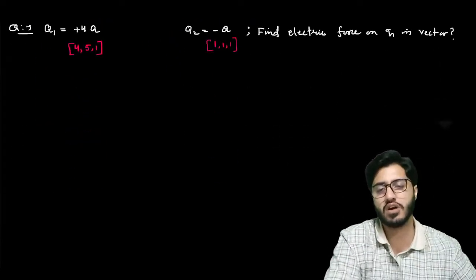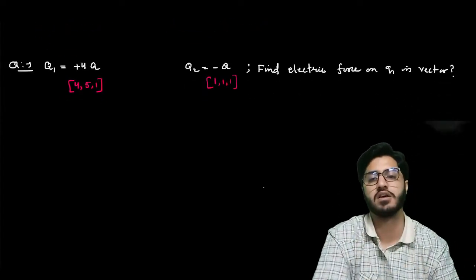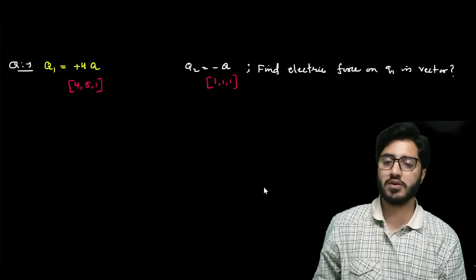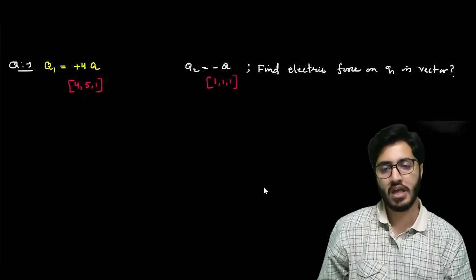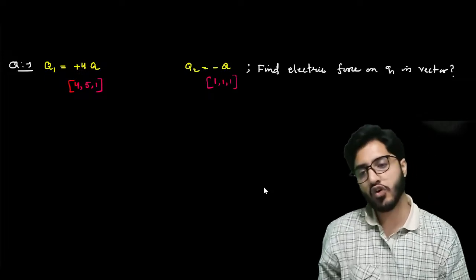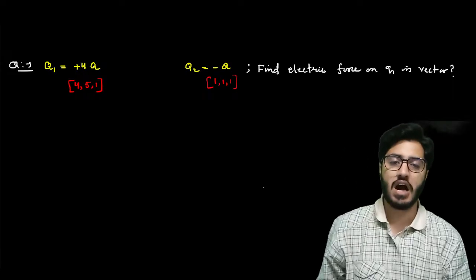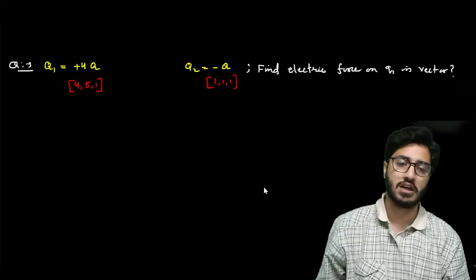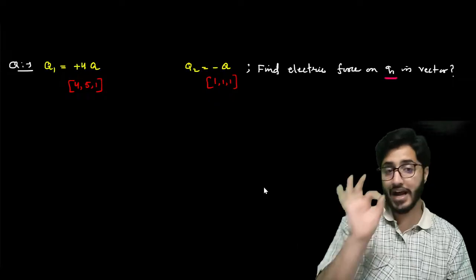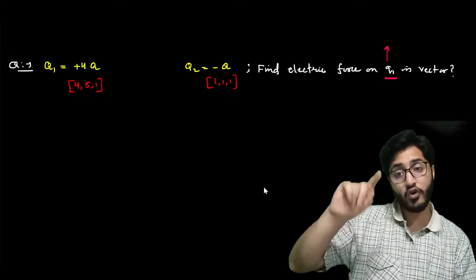Okay, let's do one more last numerical, then we can wrap up the session. Look here. If my charge Q1 is 4Q and my Q2 is minus Q, and the coordinates of the first one and of the second one are given, I have to find the force on Q1.